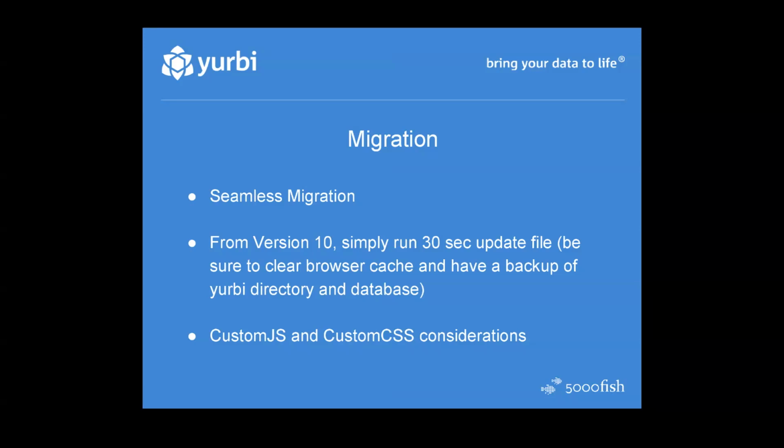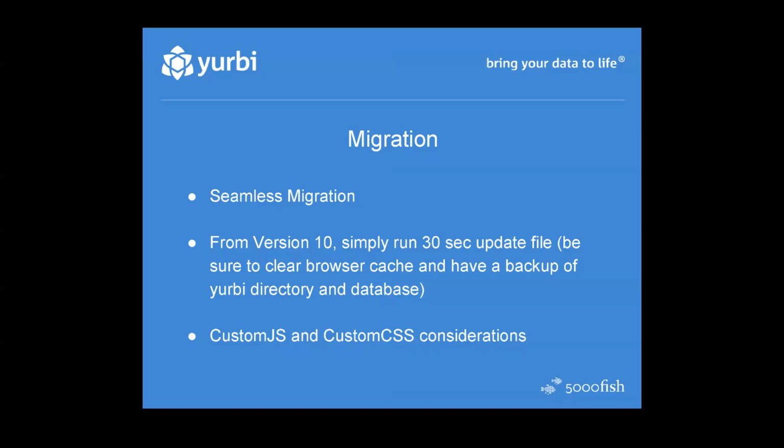All right, so let's talk about migration. That is the really good news about version 11. It's a seamless migration. In fact, behind the scenes, we've been updating version 10 simultaneously with many of the API calls and database things.